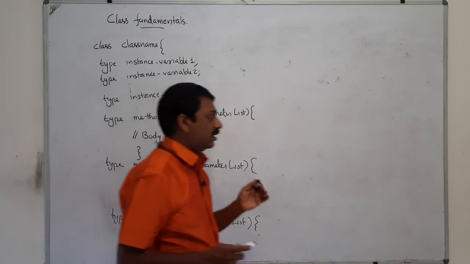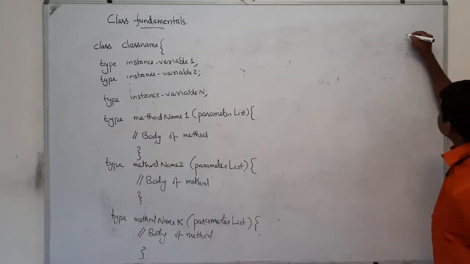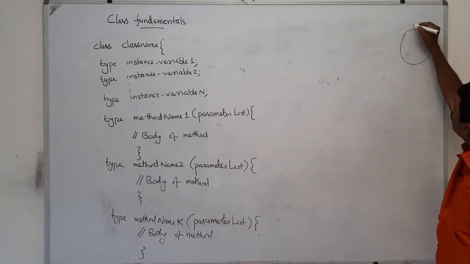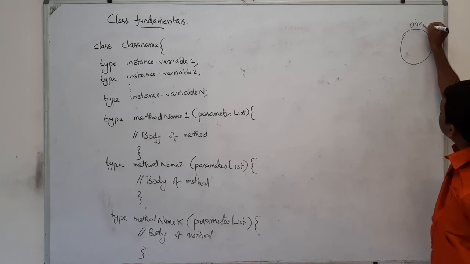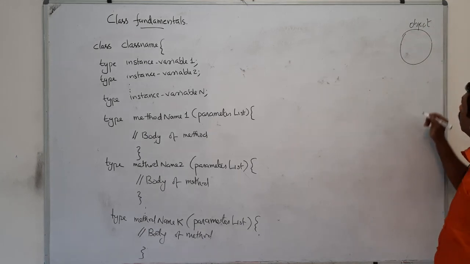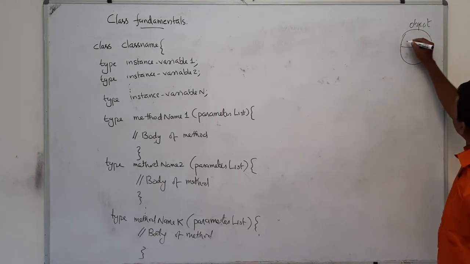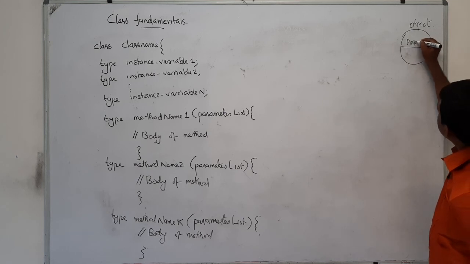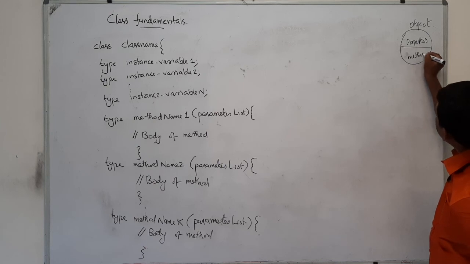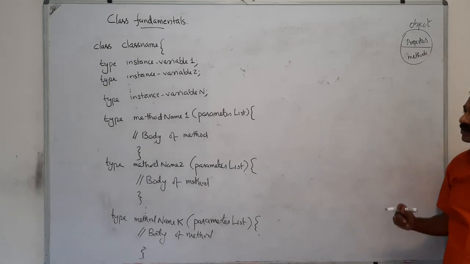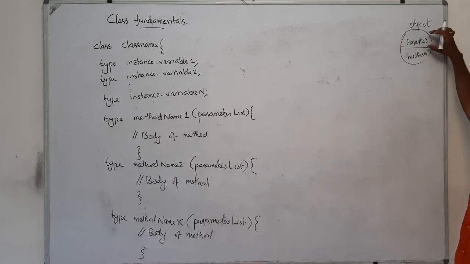And for example, an object. Suppose that this is an object created from a particular class and it has a number of properties and methods, called functions. These are the properties.